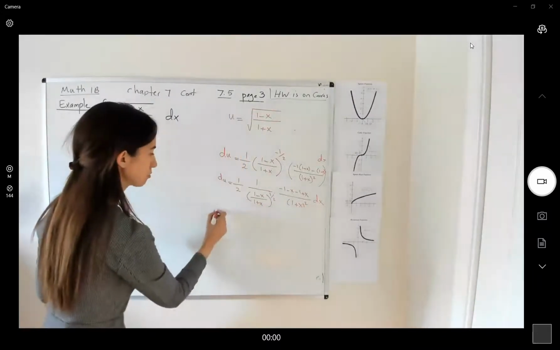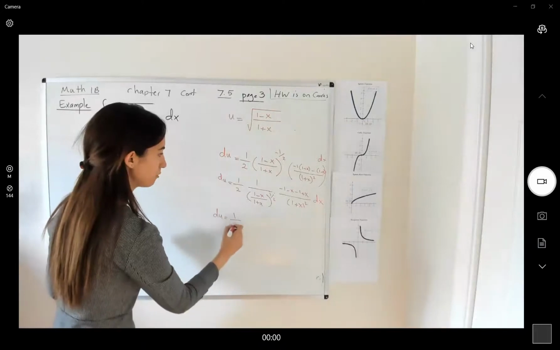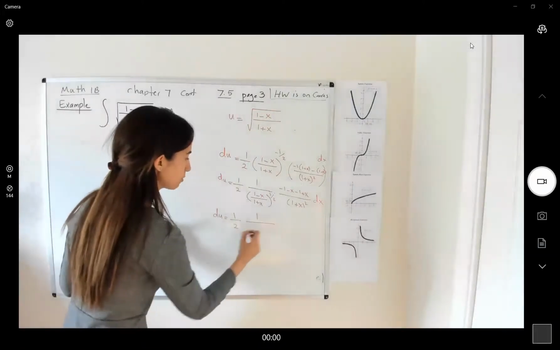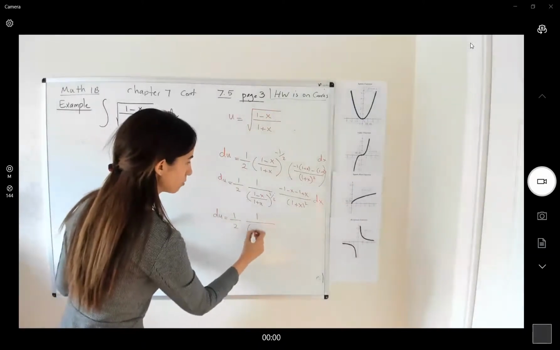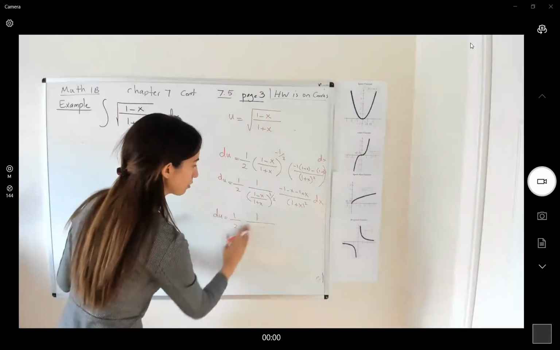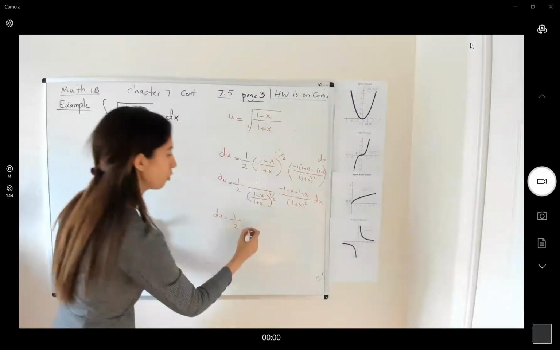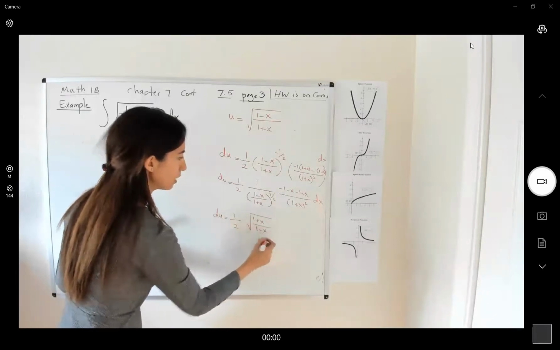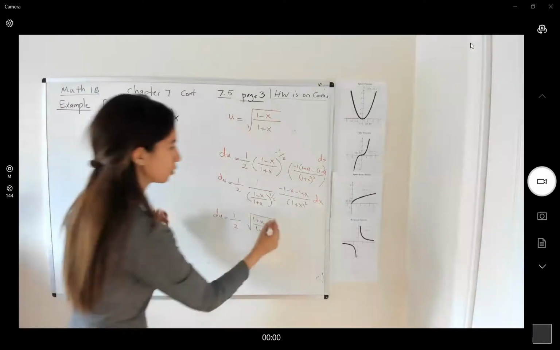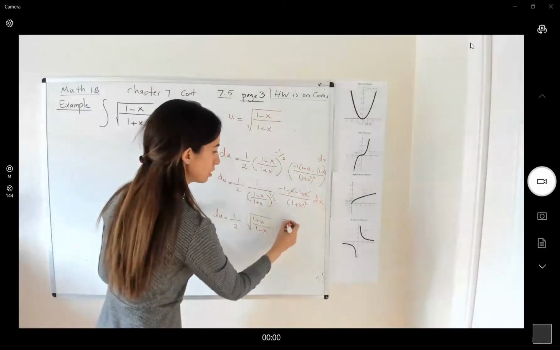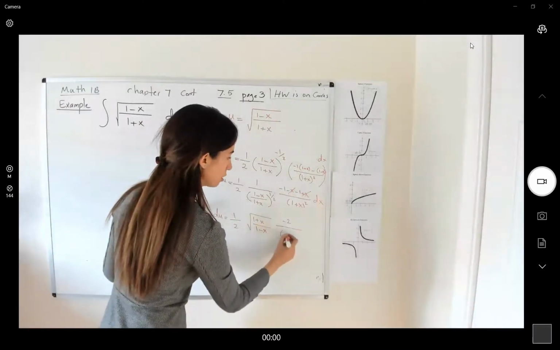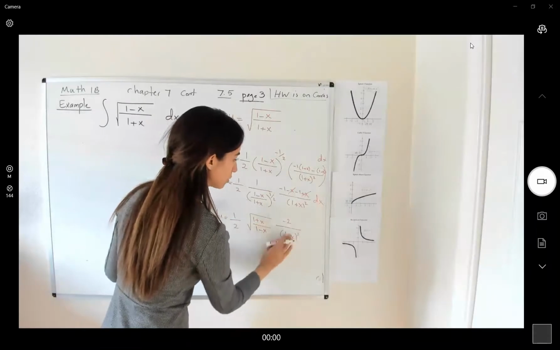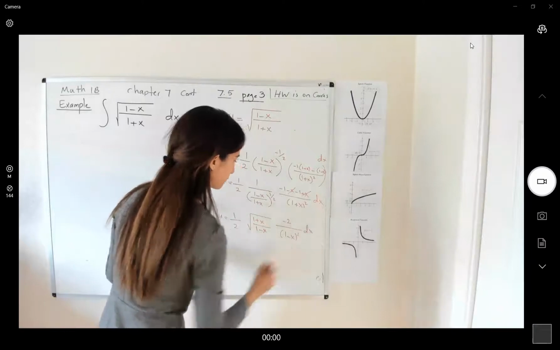So du is equal to a half times 1 divided by the square root of (1 minus x), so you can write it this way, and just flip the whole thing, square root of (1 plus x) over (1 minus x). And here you can simplify this, negative 2 divided by (1 plus x) to the second power, dx.